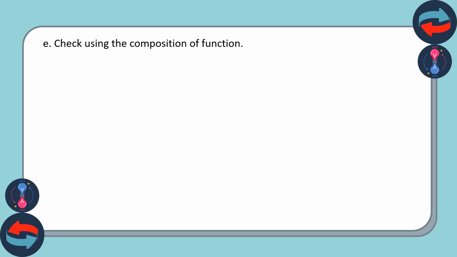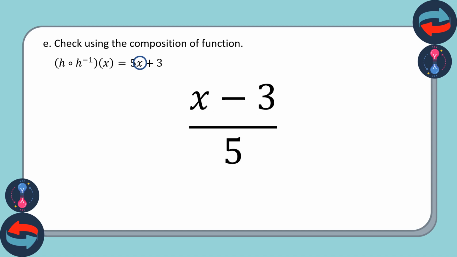This time, let's check if the two functions are inverse functions. h circle inverse of h of x is equal to 5x plus 3. We replace all x by the quotient of the difference of x and 3 and 5.